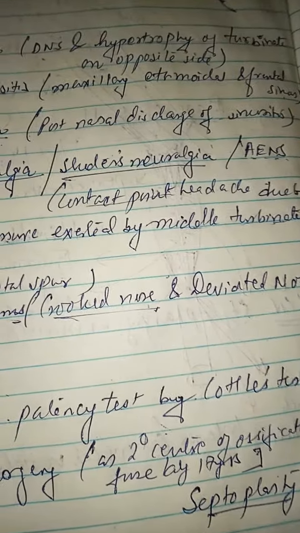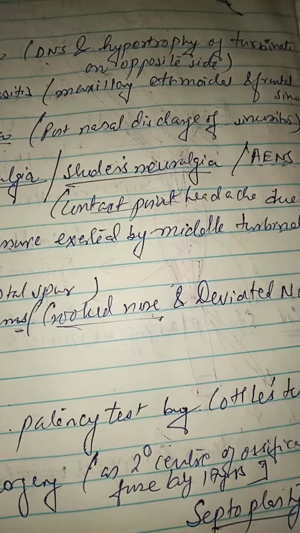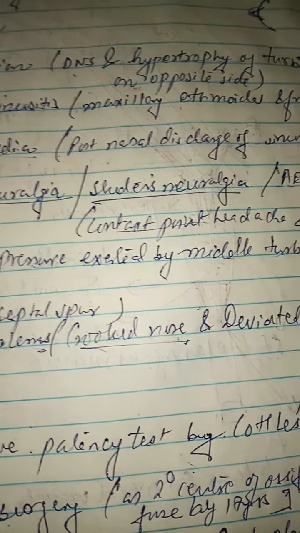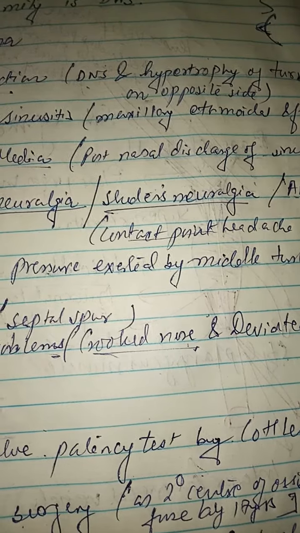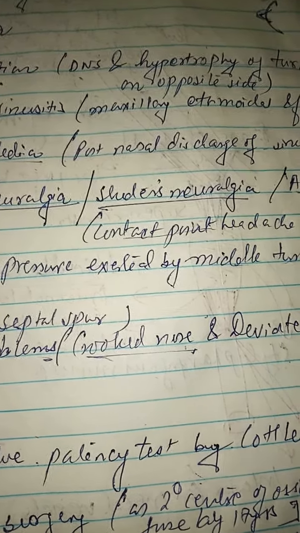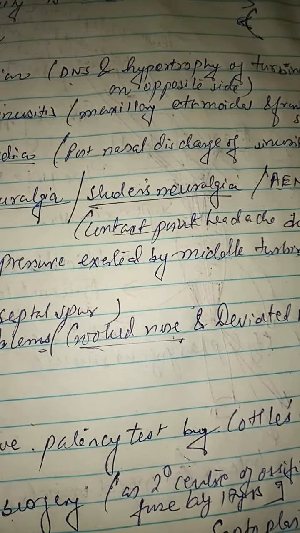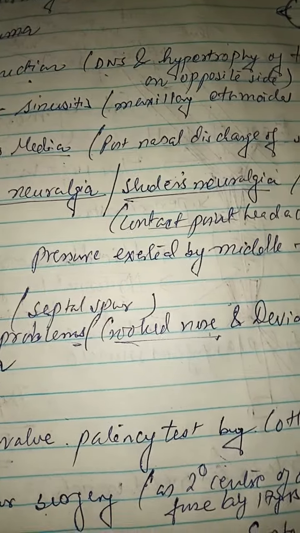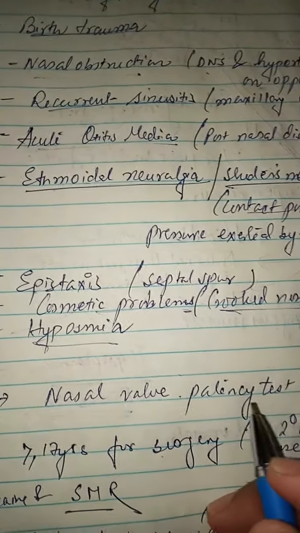So there is an obstruction, because we manipulate the valve by doing the Cottle's test. That means there is an obstruction.